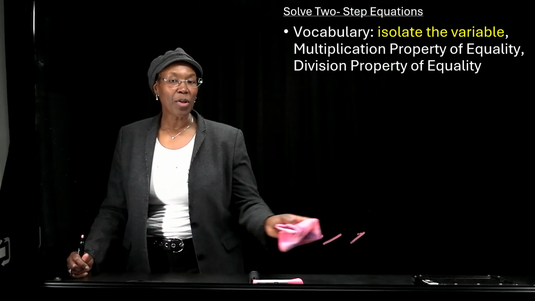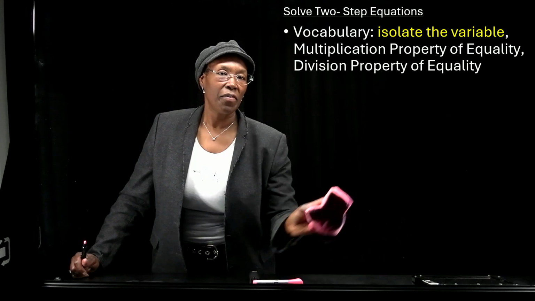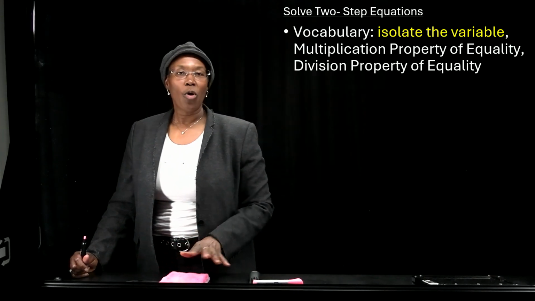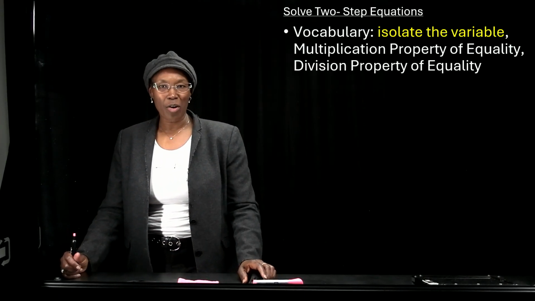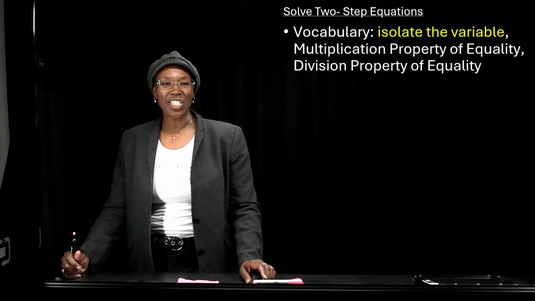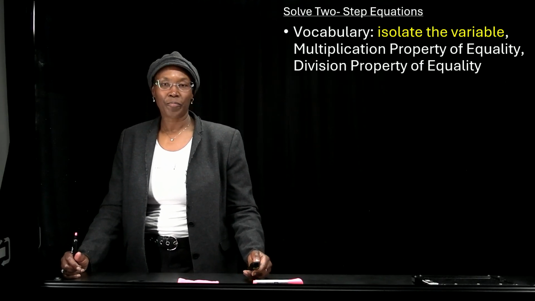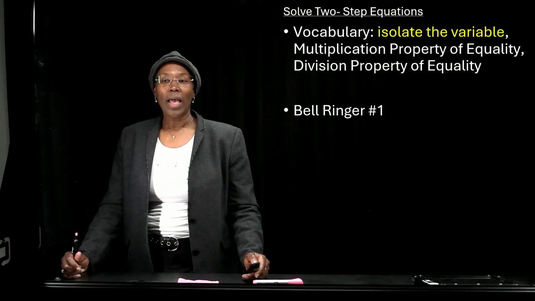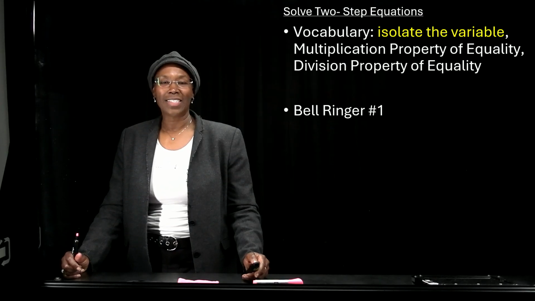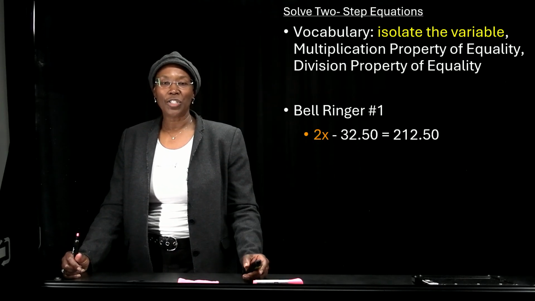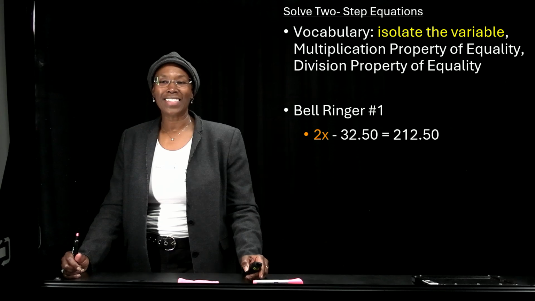Now our vocabulary for solving two-step equations will be isolate the variable, multiplication property of equality, and division property of equality. In our bell ringer we had this morning, everyone should have gotten the equation 2x minus 32.50 equals 212.50.